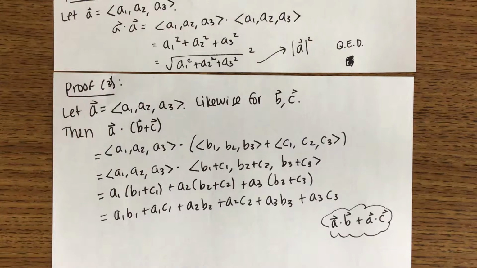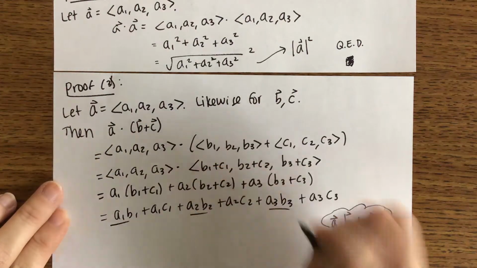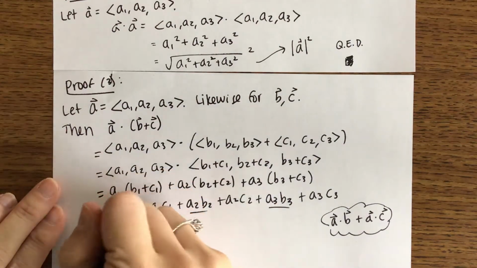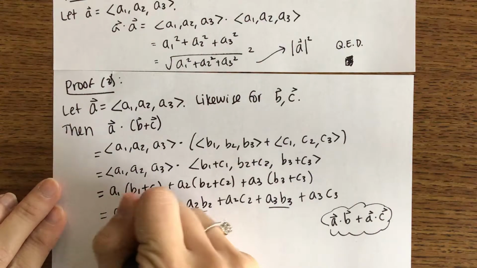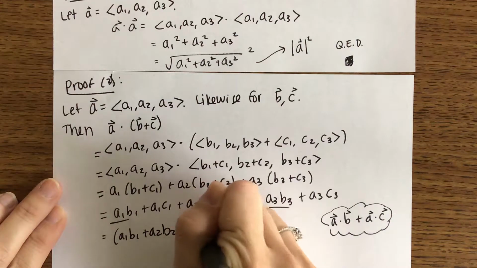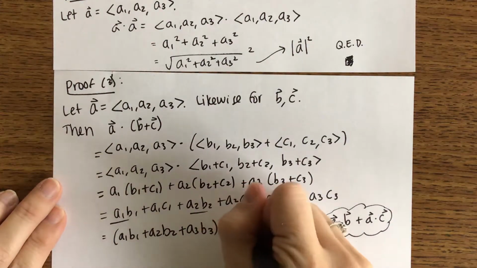Do we have A dot B? Yeah, this. So it is a good practice to bring those together. So we have A1 B1 plus A2 B2 plus A3 B3. And then the C's are together.